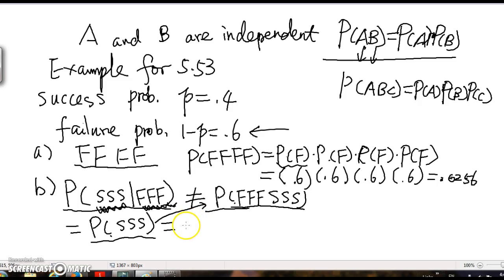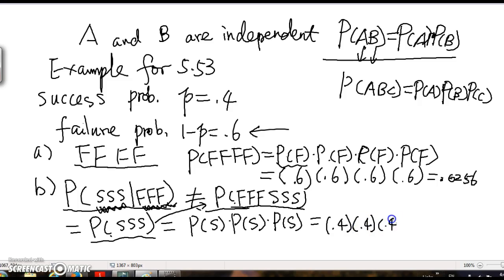This is going to be similar to part A. We use the formula because each trial is independent of each other. So we multiply the probability of these 3 failures and the probability of success, and success. You multiply them and get 0.064. So that's part B.